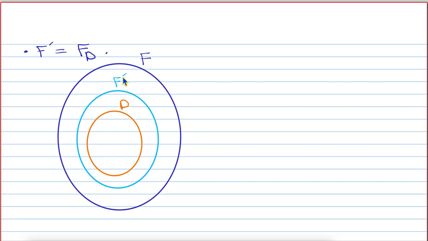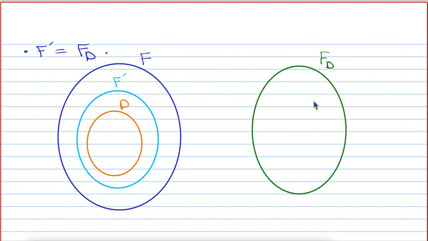Now where is F sub D in this picture? F sub D is supposed to be a field somewhere here, and this field contains a subring. Let's call it D prime, and D prime has an isomorphism with D. So we have some isomorphism going from D to D prime. Now what are the elements of F sub D?